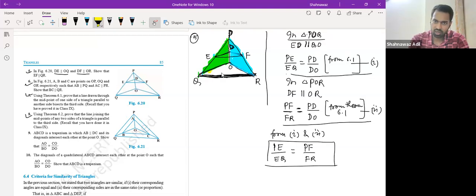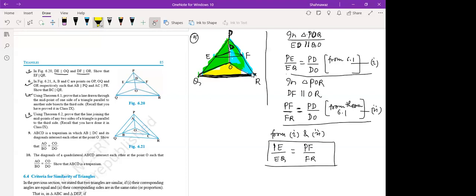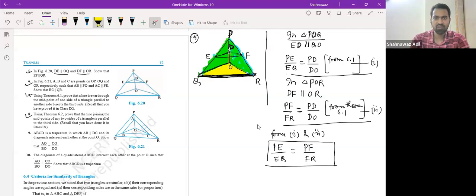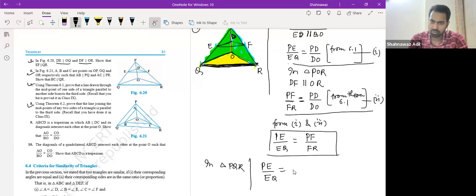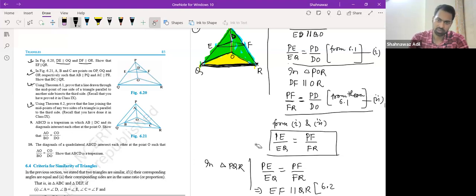So we have identified the other triangle: in triangle PQR, PE by EQ equals PF by FR. This tells us EF is parallel to QR. I should write theorem 6.2.